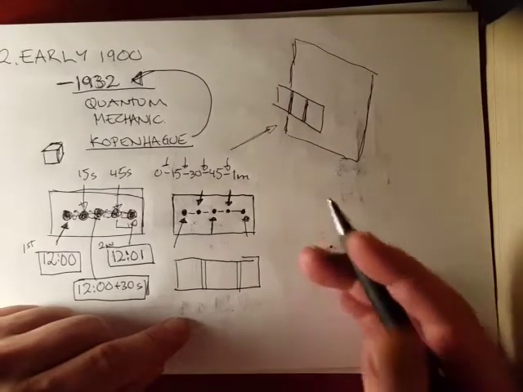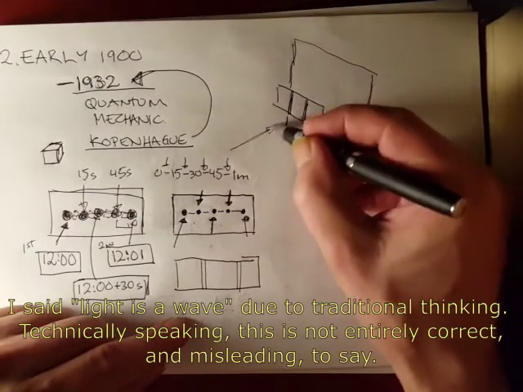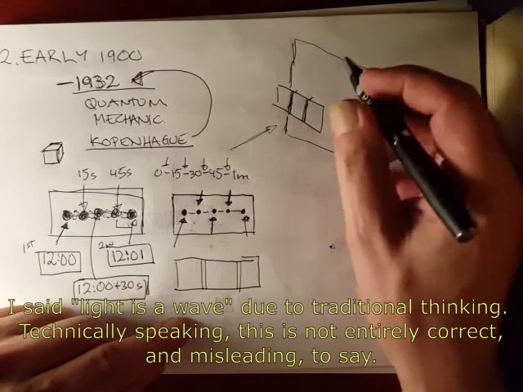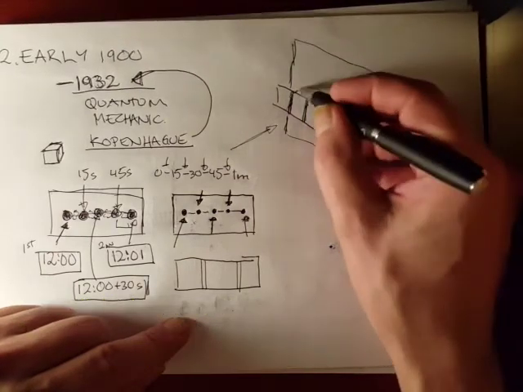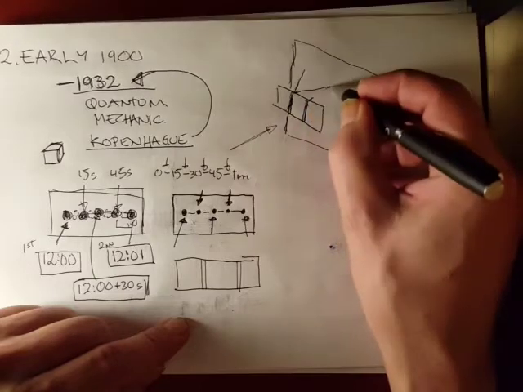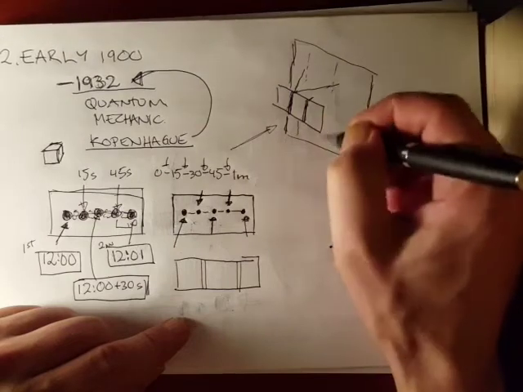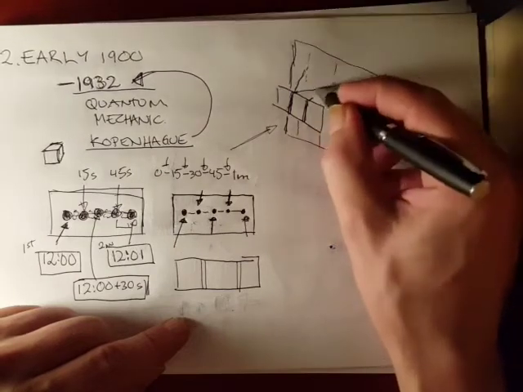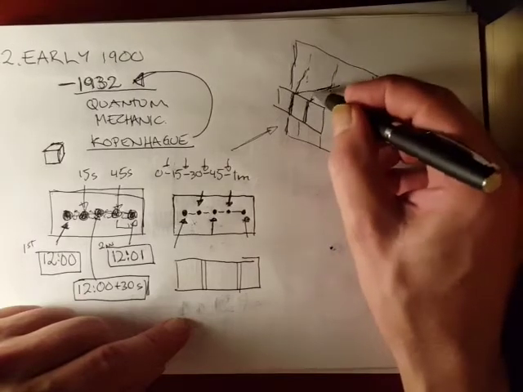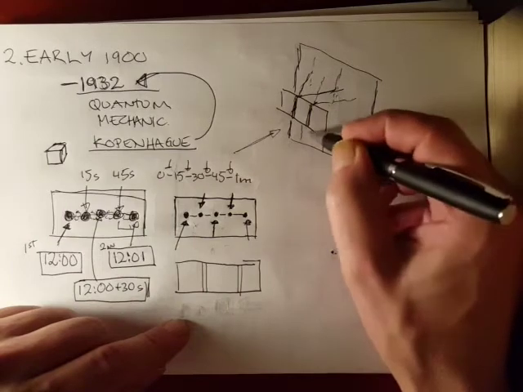Light is a wave, so the beam will go through this slit here, and it will go through that slit here, and when it passes the slits, at the surface, the light will bend out like this, and this slit here will cause the same thing.